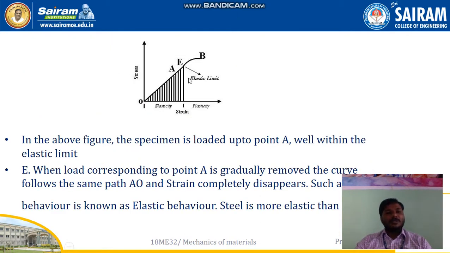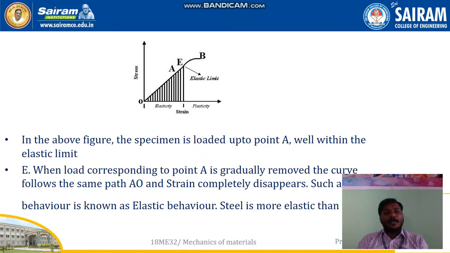Here you can see a small example of stress and strain. The graph is plotted for whenever we test any specimen. The specimen is loaded up to a point A, within the elastic limit, where E is the elastic limit. When the load is gradually removed from point A, the curve follows the same path. This is an example of how stress and strain act within the elastic limit.